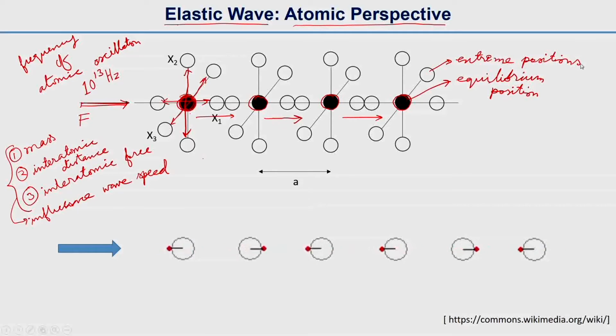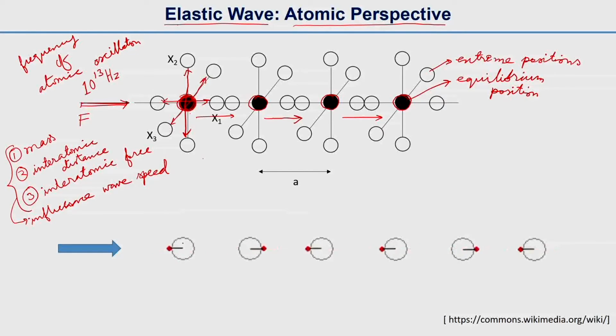So I have got some animation, and I modified it from the internet, Wikimedia. I modified it a little bit to give you a rough idea of the atomic oscillations.